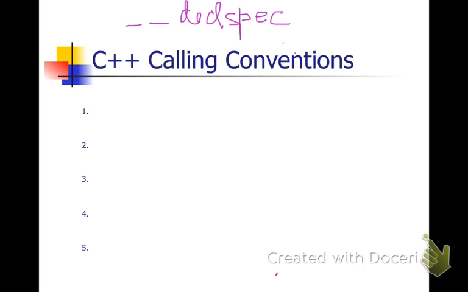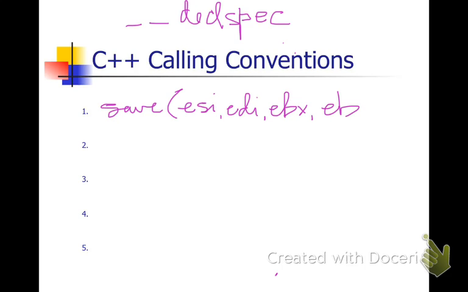First thing, when the function is invoked, C++ will save necessary registers. And when we say necessary, what does it consider to be necessary? Well, it considers ESI, EDI, remember the source and destination index registers, EBX, since that's often used as a pointer, and my base pointer.